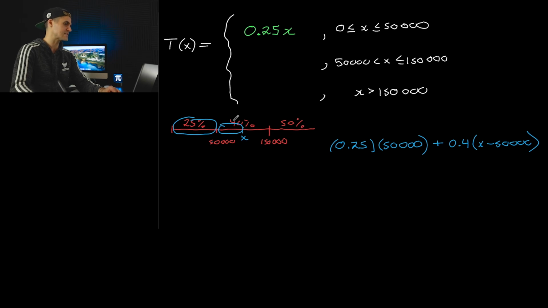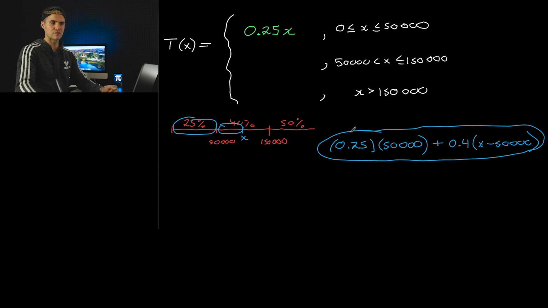So if you make, let's say, 70,000, if I plug in 70,000 here, 70,000 minus 50,000, we'll get 20,000 in this bracket. That excess amount is going to get taxed at 40%, and then the first 50 is always getting taxed at 25%, right? This is a constant here. That's happening all the time because we're dealing with the scenario where we're told our income is between 50 and 150. So this here is going to end up being the function.